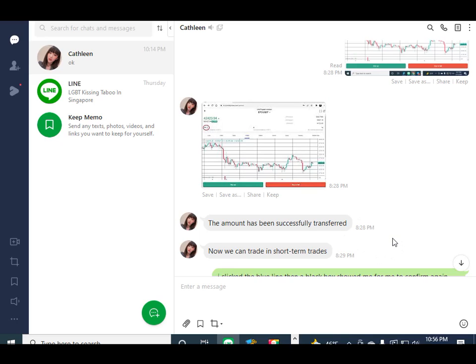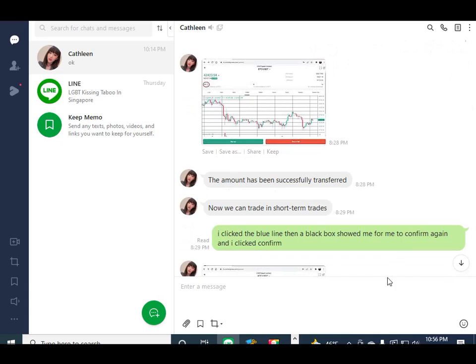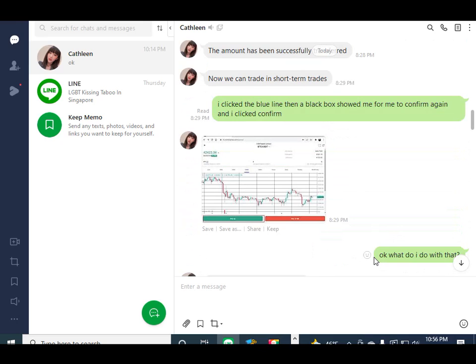So this is where she had me do like 3 trades. One started out with like $100, another I think 185 and 195 something like that. So I clicked the blue line, then a black box showed me for me to confirm again, and I click confirm.